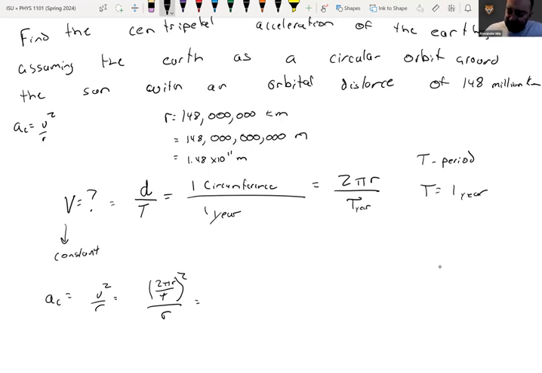Algebraing this out a little bit, this is going to give us 4 pi squared r squared over T squared, and then that r in the denominator just goes there. One of these r's will cancel with that r, so you're really just left with 4 pi squared times r over T squared.